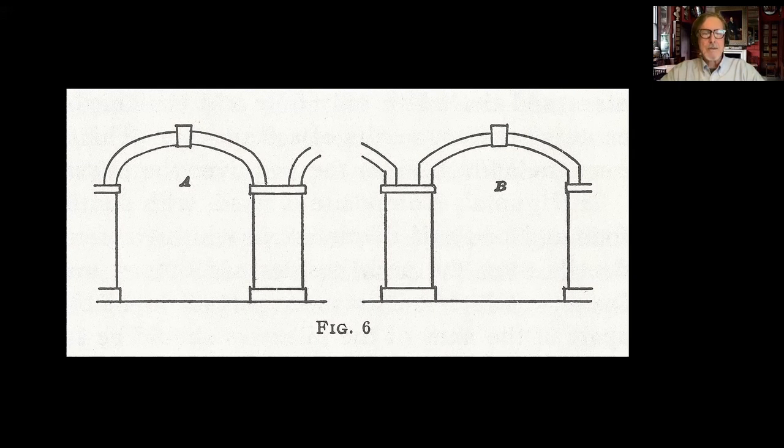Oftentimes you'll see segmented arches like the one on the right. It's common to see that in some vernacular work, some European French vernacular architecture sometimes employs segmented arches, which are just arches that are a segment of a circle that is less than a half circle, like you see on the right. But generally speaking, it's a good idea to avoid them if you can.